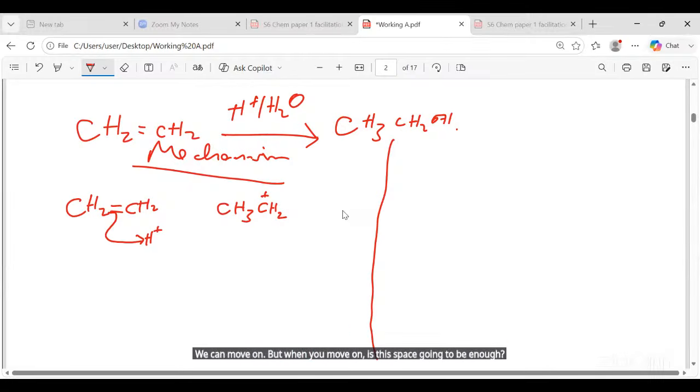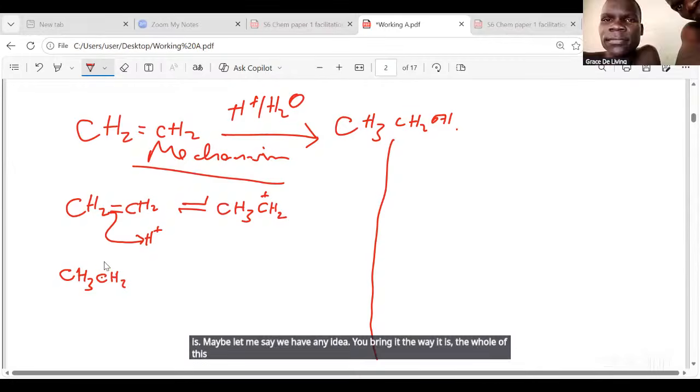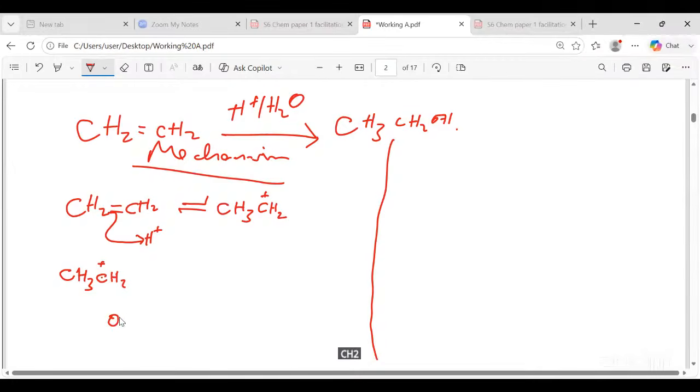If it is not enough, when you're coming to another line, you bring the whole of it the way it is, CH2 plus, then you bring our water.